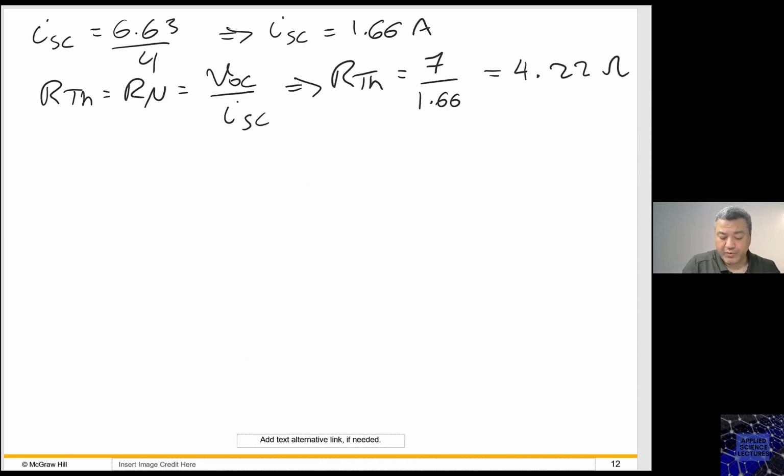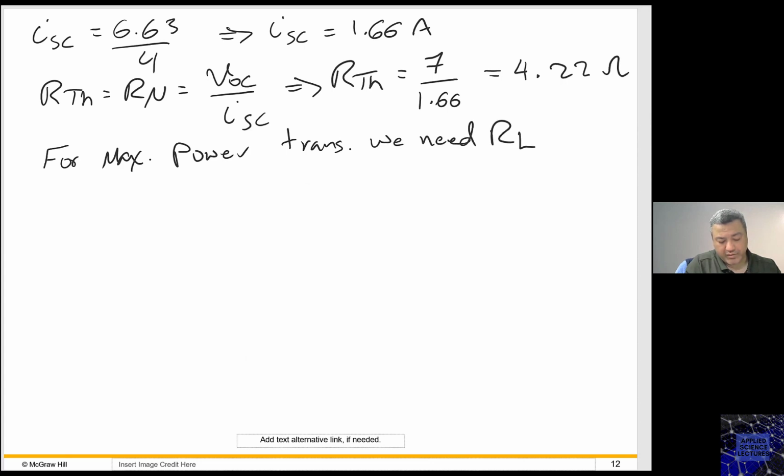is 4.22 ohm. So for maximum power transfer, we need RL to be R Thevenin. RL is 4.22 ohm.